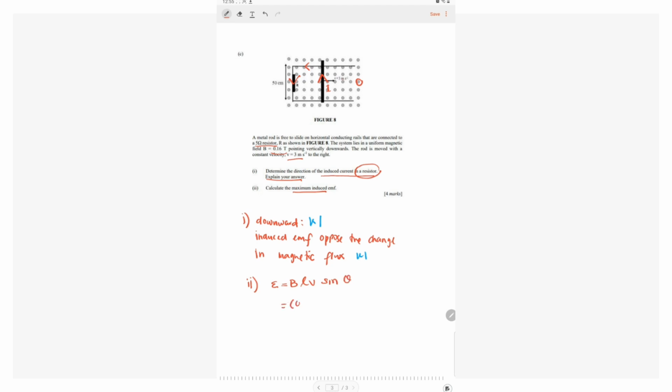B dia dah bagi 0.16, and length of the conductor is 0.5. Okay, ni kita tengok ni, length of the conductor is 50 cm, so 0.5. V dia adalah 3 meter per second sin 90 degree, so jawapan dia adalah 0.24 volt.